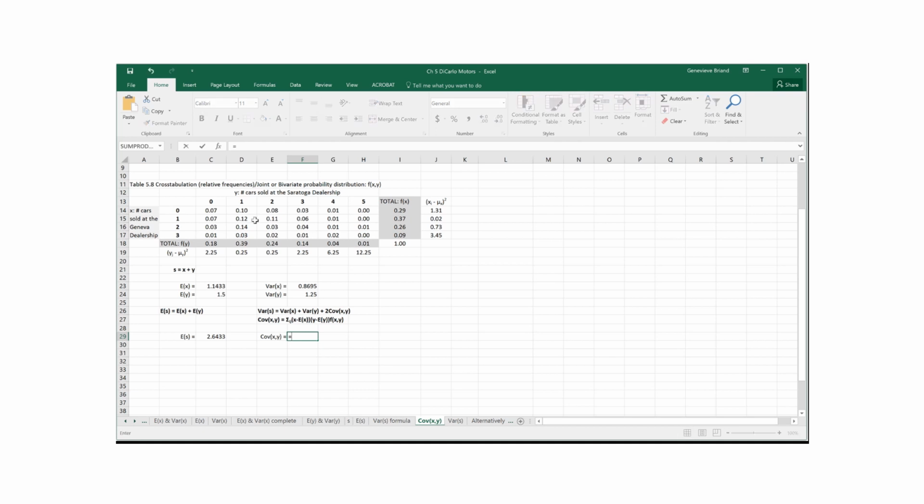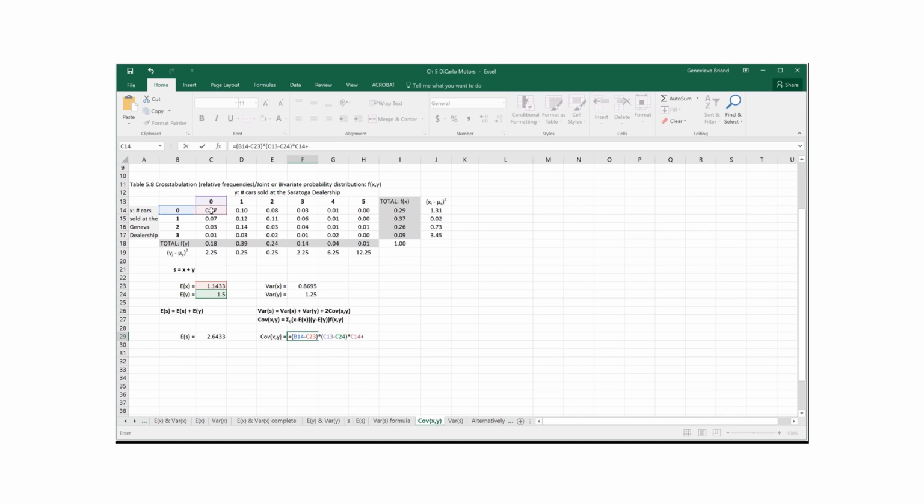So first value of X is over here, minus its expected value to get the deviations, times first value of Y over here minus its expected value to get the deviation, and then times the likelihood of occurrence of that combination of XY values.